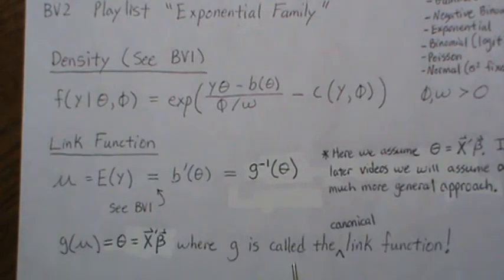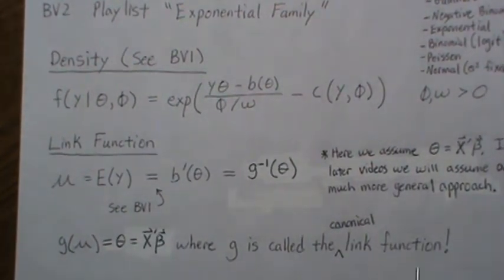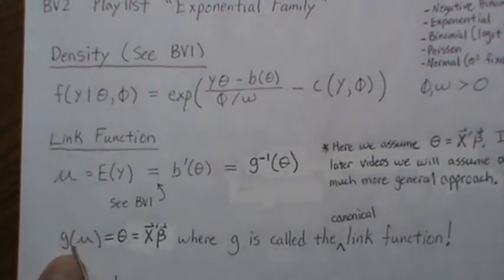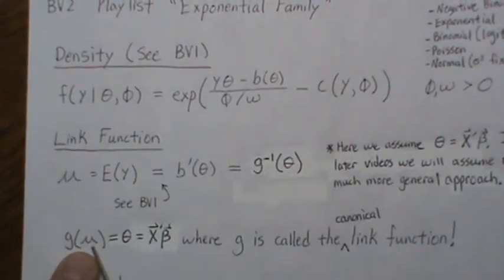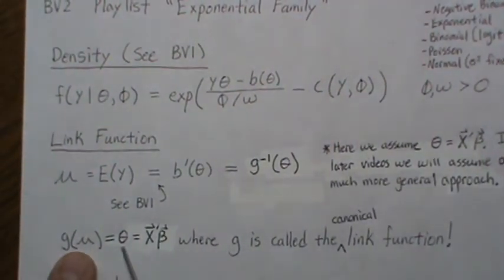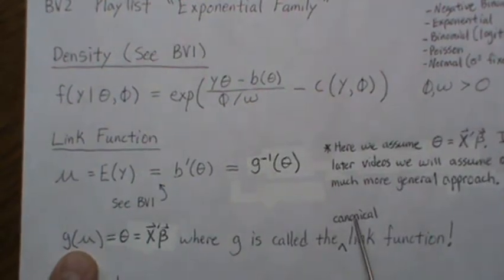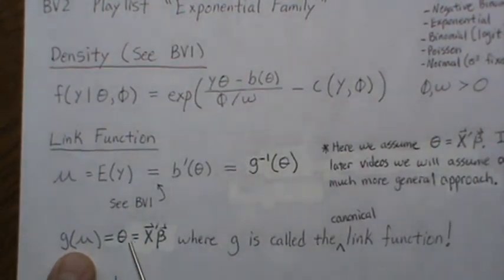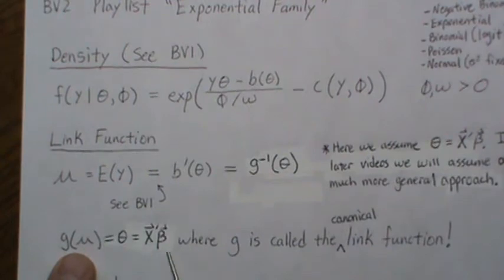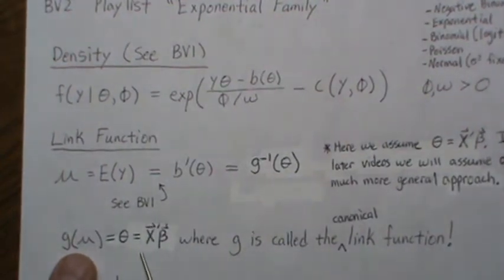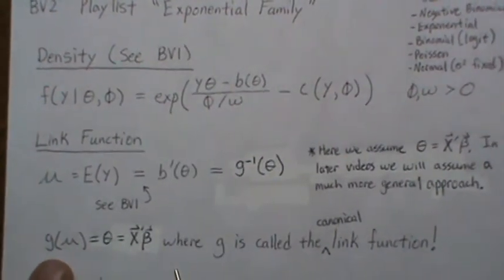Now, g is called the link function, or in this case, it's the canonical link function, and really, when we apply a function to our mean, and we get the canonical parameter back, it's a canonical link function. And then we're going to let this canonical parameter be represented by a linear combination of the x's, okay?